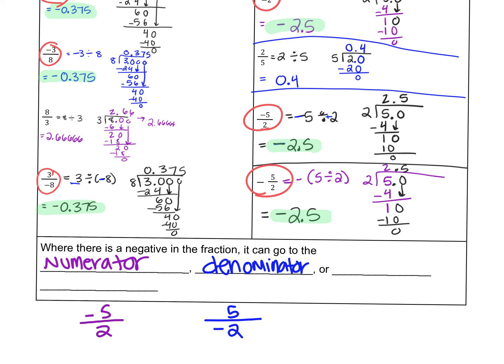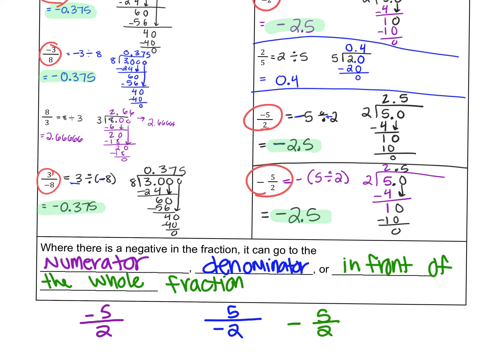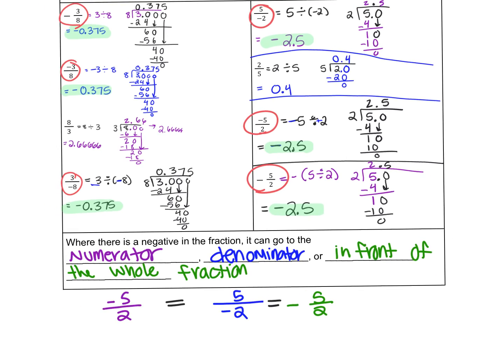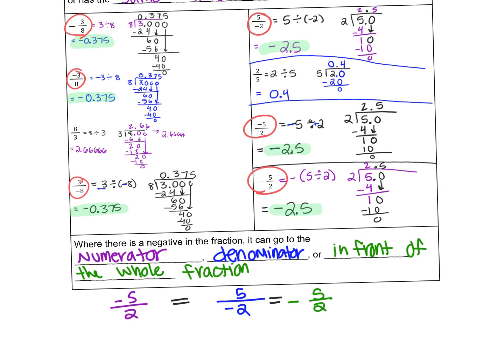Or it can go in front of the whole thing. In front of the whole fraction. So negative 5/2. Right, so these three are equivalent. Because when I divide them, they end up being the exact same thing. Same number, same sign.